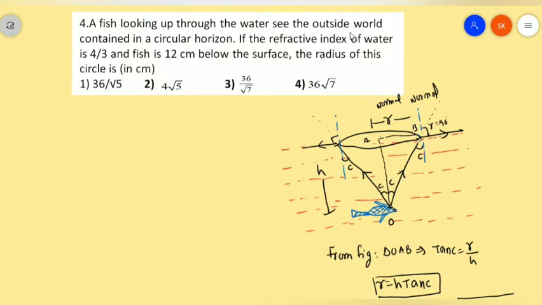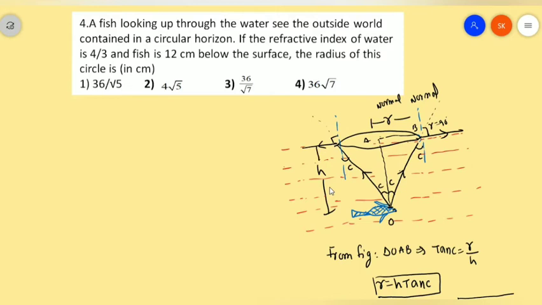The outer side of the world is contained in a circular horizon. If the refractive index of water is 4 by 3 and the fish is 12 centimeter below the surface, what is the radius of the circle? You see the picture. I have drawn the picture related to this diagram. This is the fish. It is in the water at a depth h. It is at a depth h.